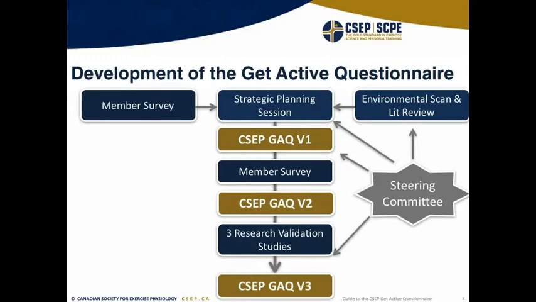That led to the final version of the Get Active Questionnaire, which you see in front of you. Throughout, the steering committee gave recommendations and revisions for further improvement of the document. So when I say there was 3, there was probably more towards 43 versions of the Get Active Questionnaire. But we are very proud of what was developed.